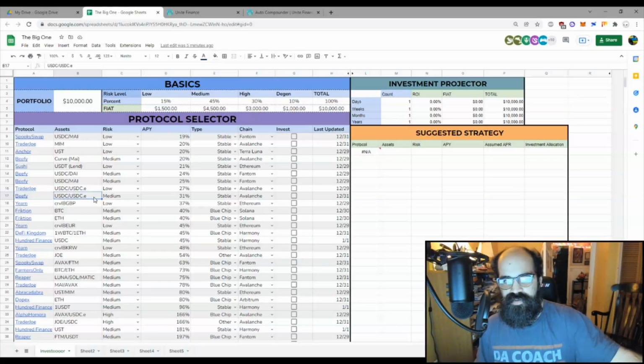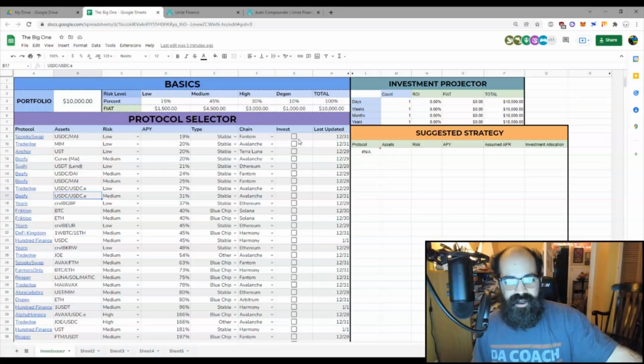There's probably a USDC pair on virtually every chain, but the USDC/USDC.e is specific to Avalanche, and both of these should be medium. No, sorry. Okay, no. Trader Joe is low, Beefy's medium. That's correct, because with Beefy you're just adding one more layer of smart contract risk. I consider that upping it to a medium risk.